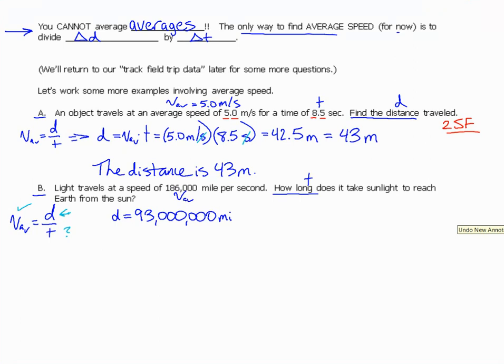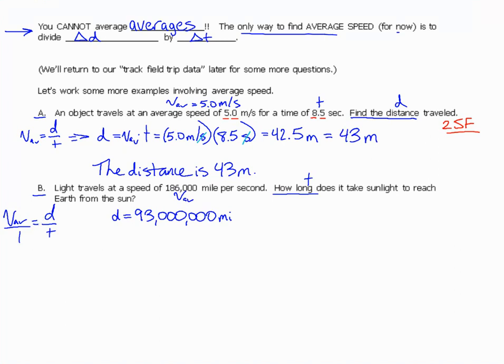And we're looking for time. Now, as we're looking for time, we need to solve for it first. I'm going to clean this up and change it a little bit. The simplest way to solve for time is if you look at the formula like this: average velocity over 1, which is the same as just average velocity, equals distance over time.